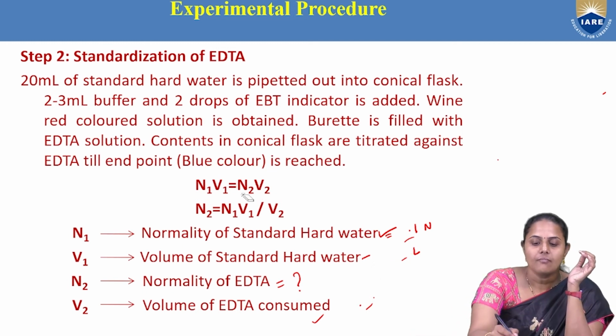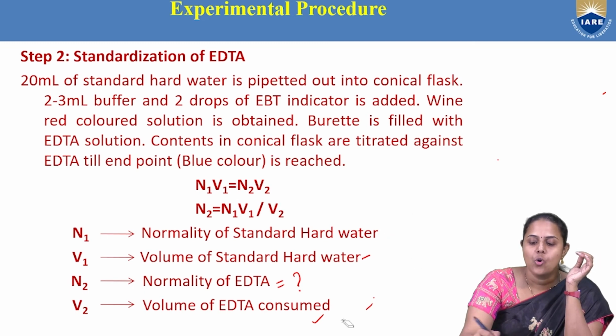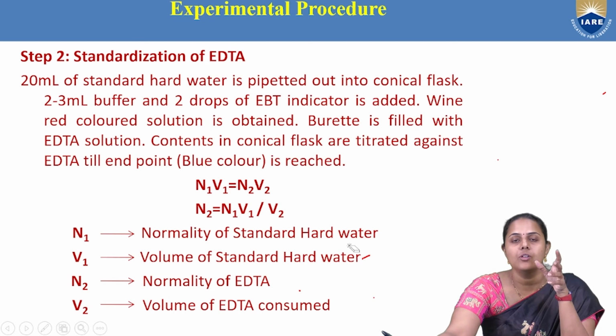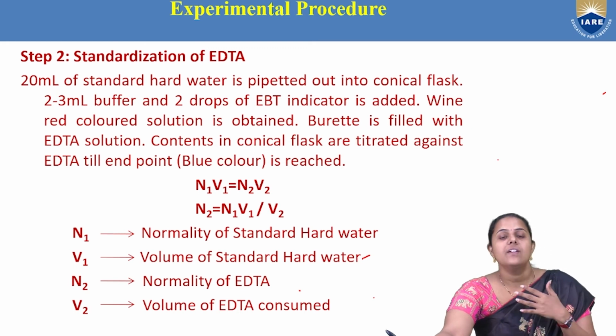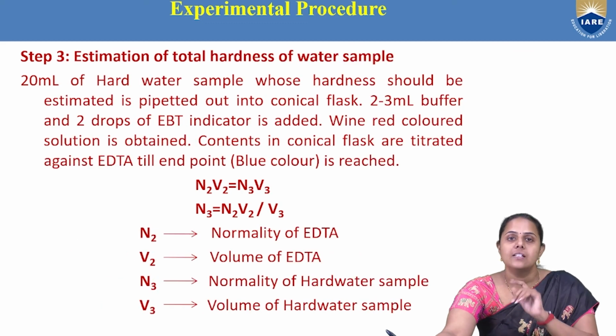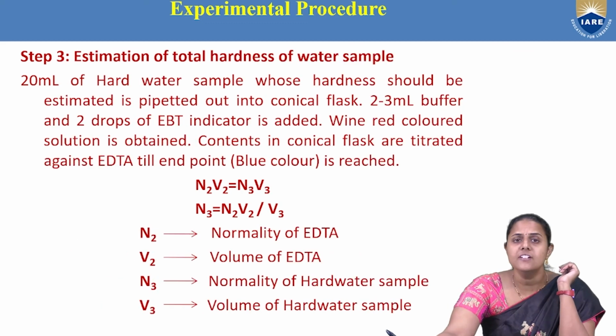Now we know the concentration of EDTA solution. We have found out the concentration of EDTA solution from the standard calcium carbonate solution. That's why we prepared calcium carbonate, just to find out the concentration of EDTA. Now our real experiment starts, that is estimation of hardness of water. For this also, the same procedure.